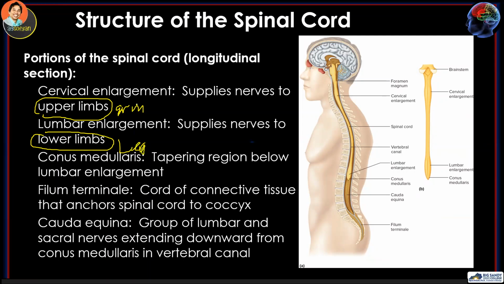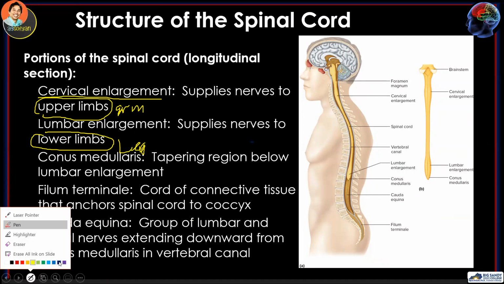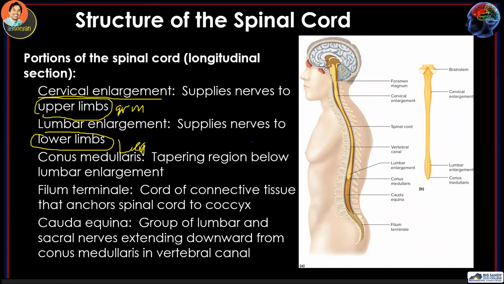Okay, so the one that supplies the upper limb comes from the cervical enlargement in the cervical area, in the neck area. So this is the cervical enlargement, and the one that supplies the lower limbs is the lumbar enlargement. Okay.